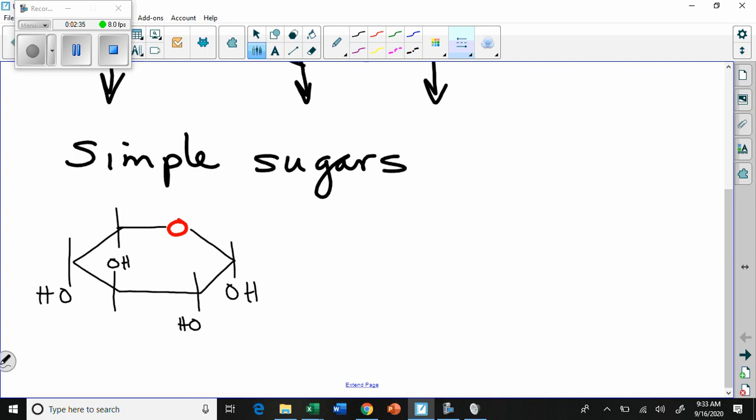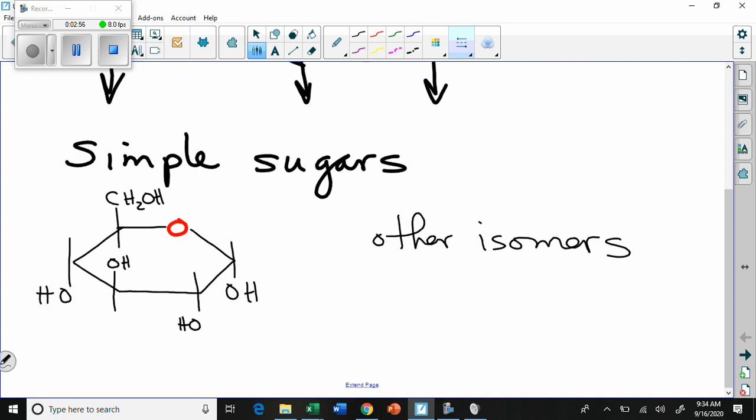Right, Andrew? I got them in the right spot, right? And our little CH2OH on the top. The more you draw it, the more simple it becomes. So this is a simple sugar. It's called alpha glucose. And we know that there are other isomers of this already, but for our example, we'll just focus on one.